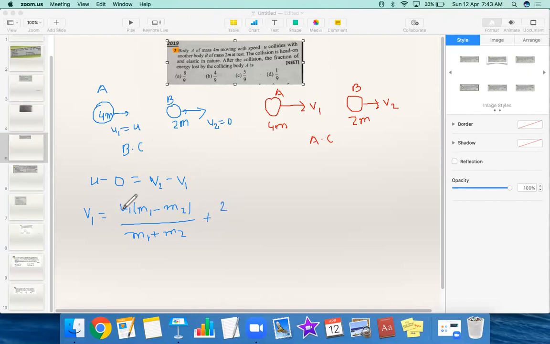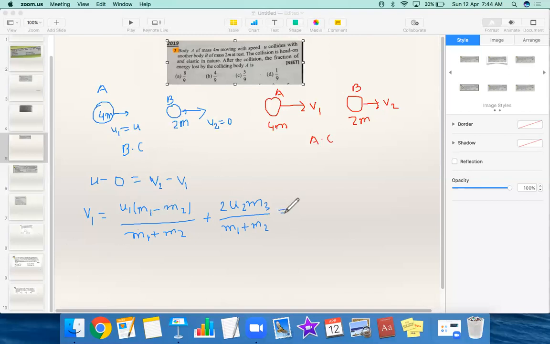Here we have taken u1, so this is u2, and with u2 we have to take mass m2. Similarly, you can write v2 also, but we have to find v1 in this case.